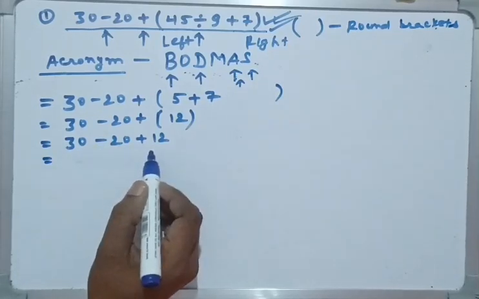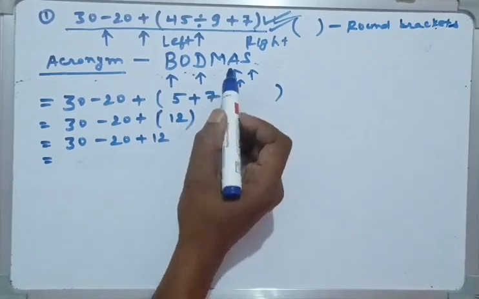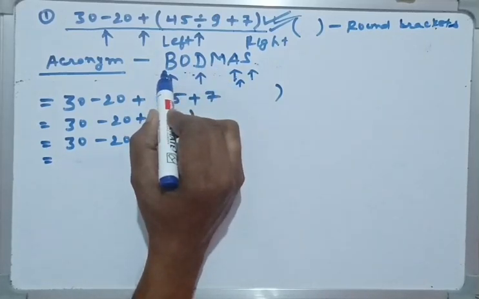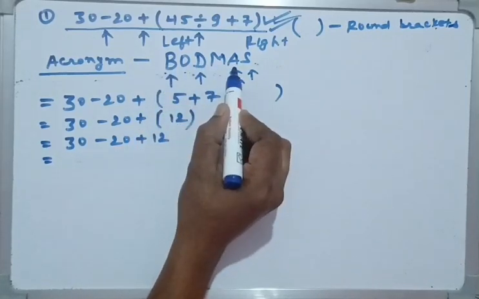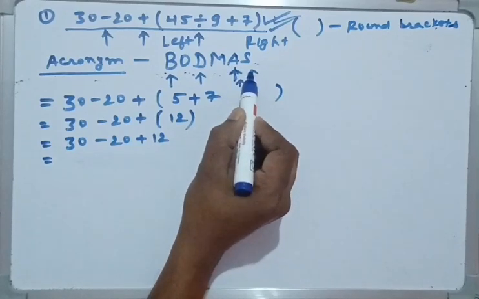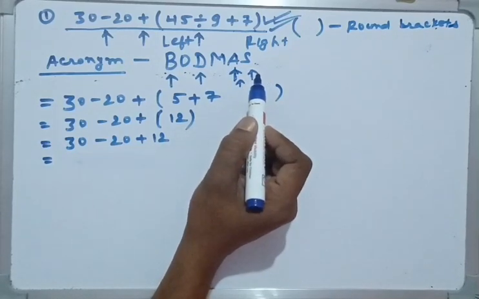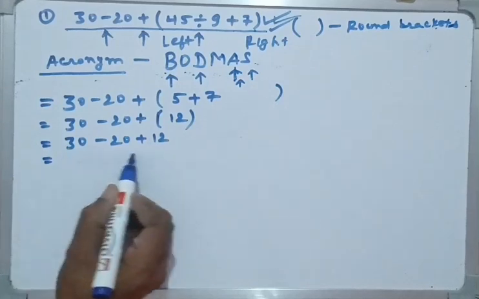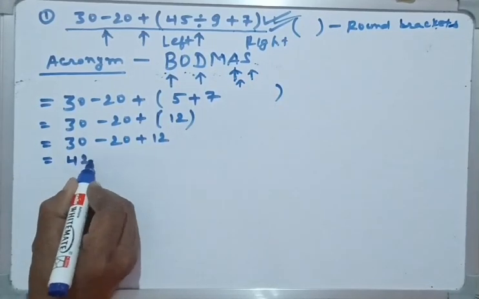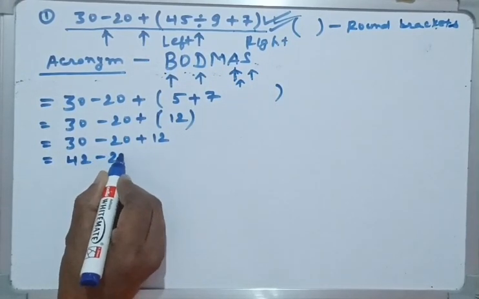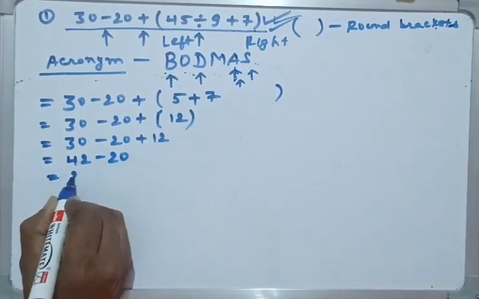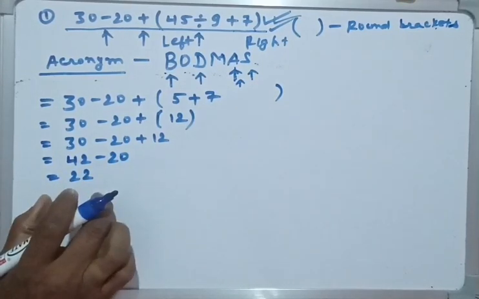We will use addition first here. Why? Because when you move left to right, addition comes first, then subtraction. So 30 plus 12 is 42, then the negative sign with 20. When you solve this, the final answer is 22.